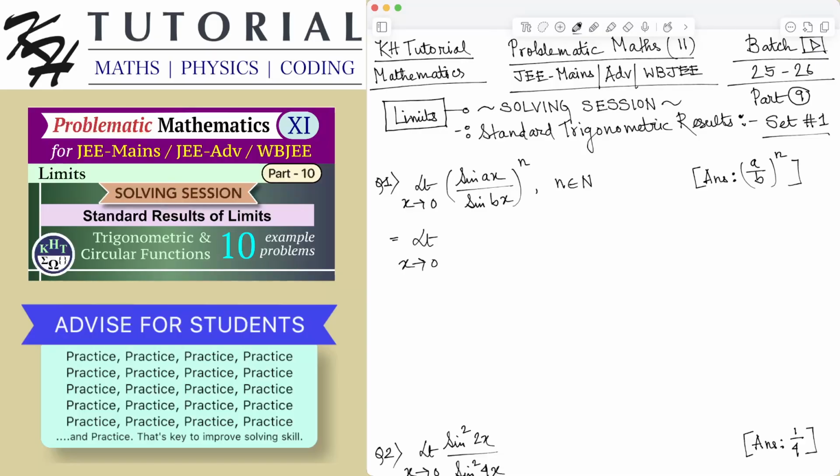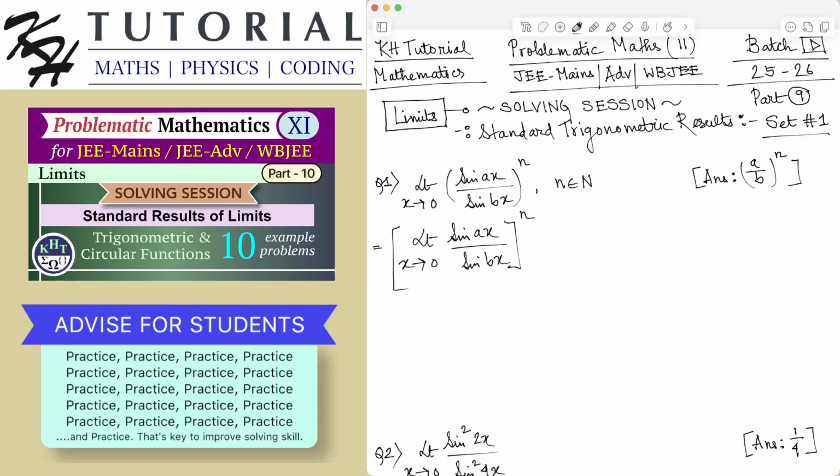This is basically a part of the algebra of limits. So this is equal to limit x tending to 0 sin ax by sin bx, and this whole raised to the power n.